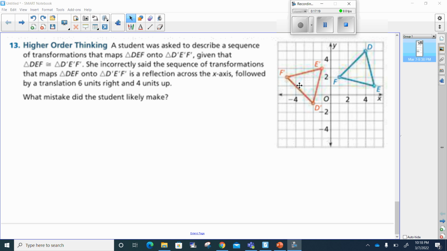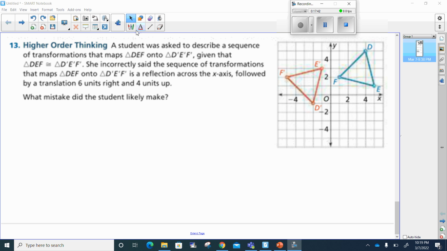Given that triangle DEF is congruent to DEF prime, they look pretty much the same. She incorrectly said, so something was wrong, huh? The sequence of transformations that maps DEF to DEF prime is a reflection across the x-axis. So they're saying they reflected it across here, okay?